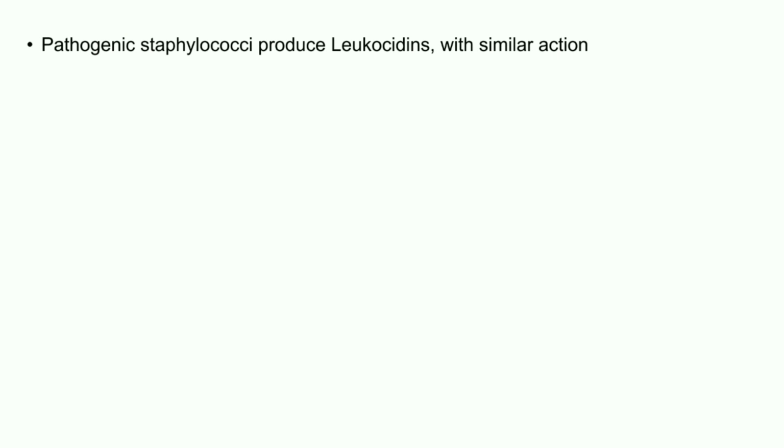Many strains of pathogenic staphylococci are known to produce leucocidins. Leucocidins also act on neutrophil membranes. They too cause discharge of lysosomal granules inside the cell, thus killing the cells before they are ingested.